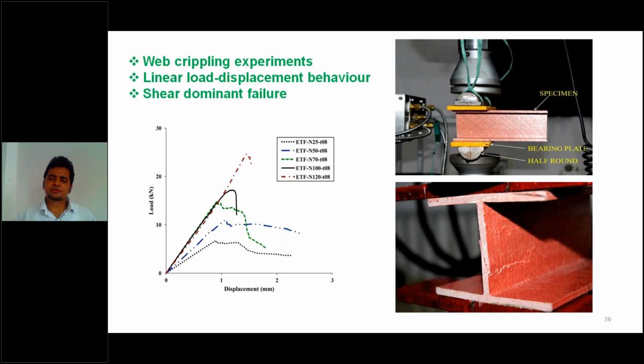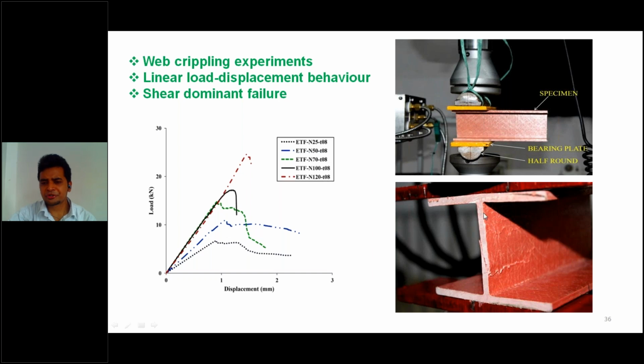Some other experiments were also conducted. This is a web bearing experiment. Why did I carry out this experiment? Because, as I said previously, FRPs are orthotropic, so in each direction there will be different strength properties.